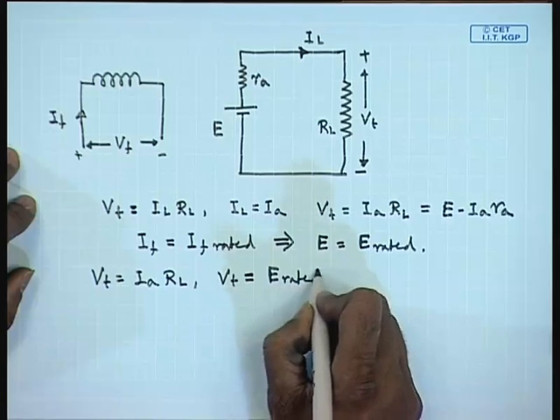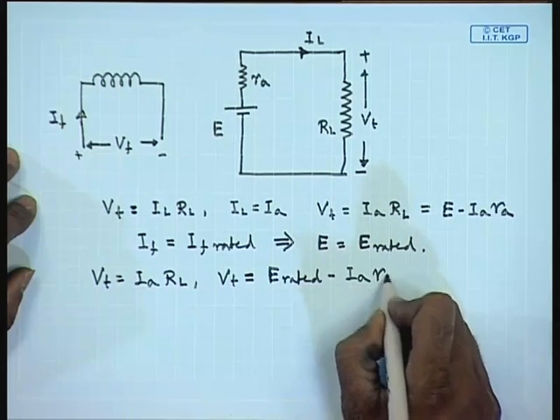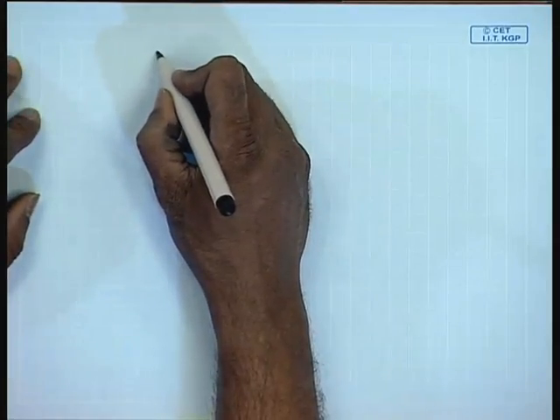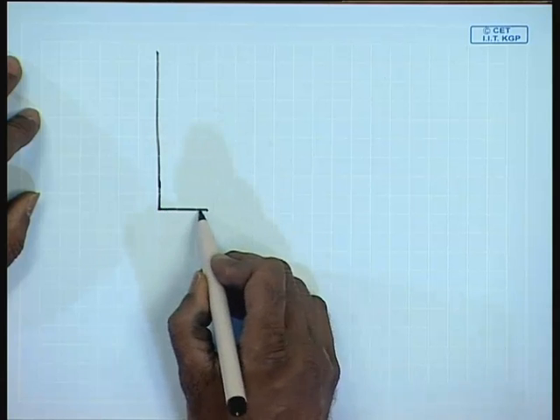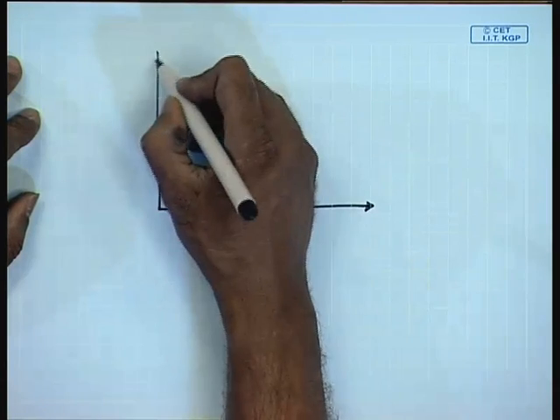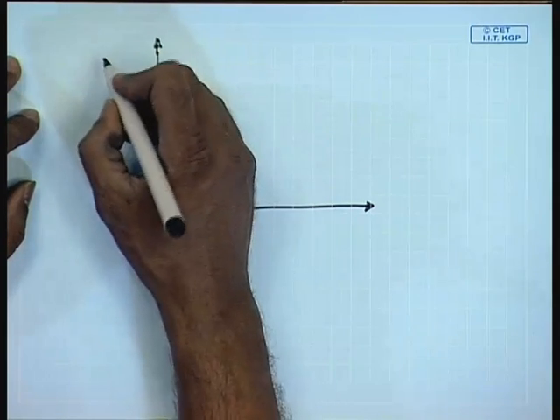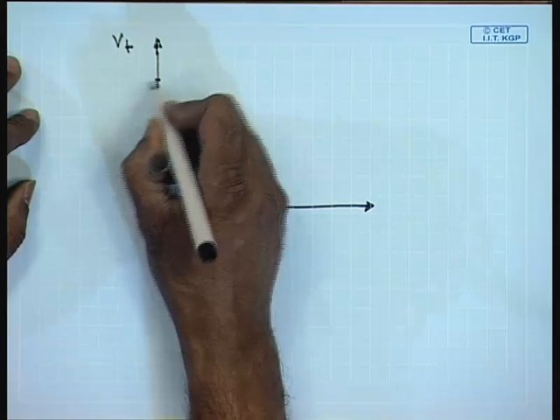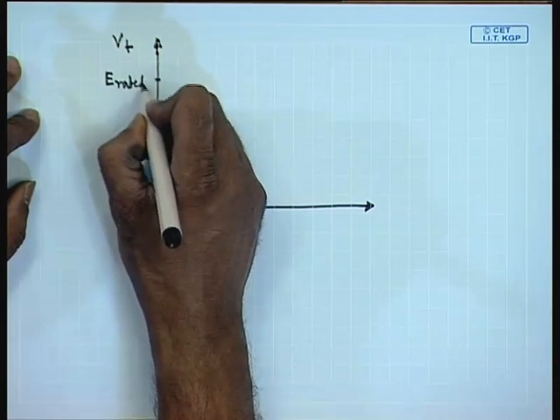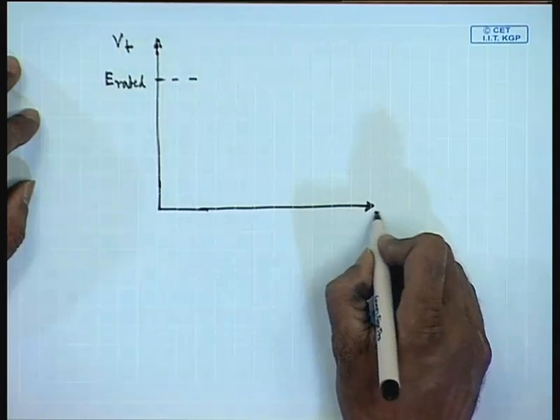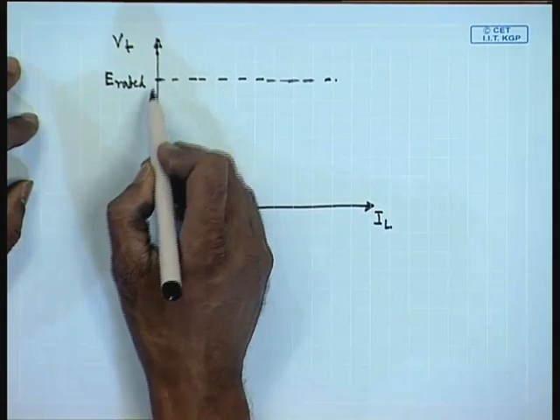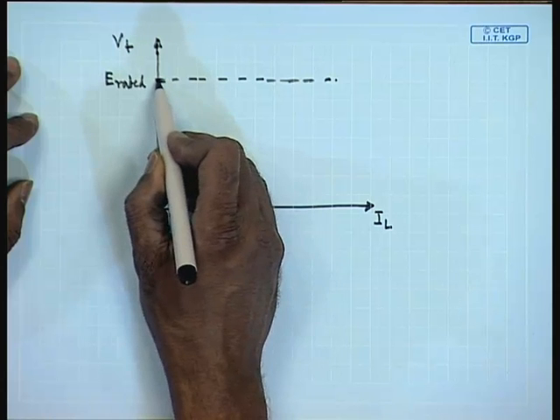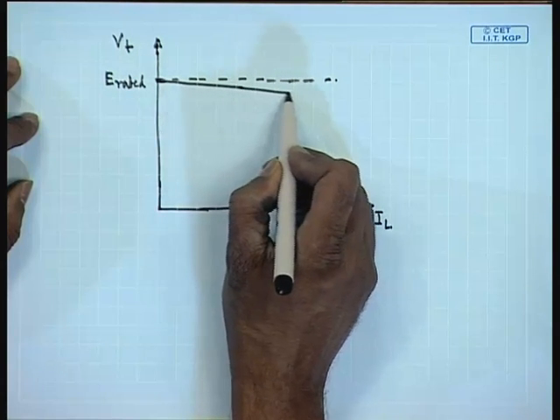This is E rated, and this is I L. One would expect that as the machine is loaded, the terminal voltage will fall linearly.